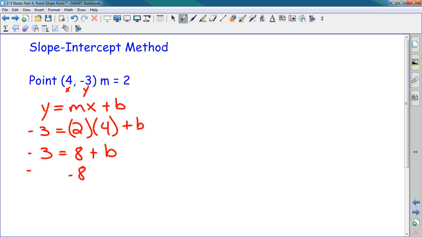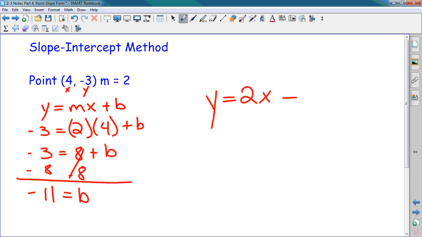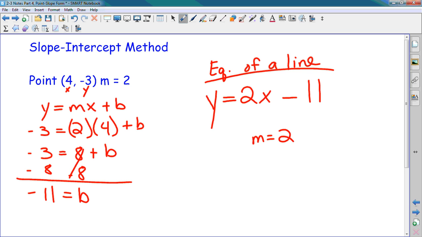Subtract 8 to solve for b. And I have -11 equals b. Now I go ahead and plug that in to find the equation of the line: y equals 2x minus 11. This is the equation of a line, where the slope is 2 and the y-intercept is -11.